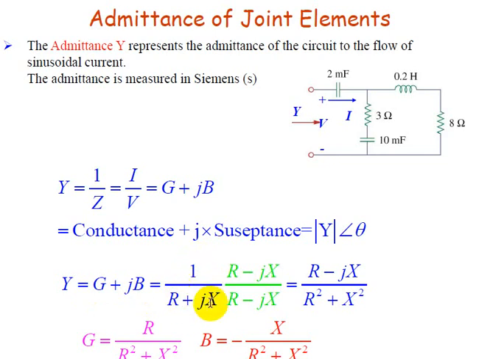You can multiply the numerator and denominator by the term R minus jX as well.